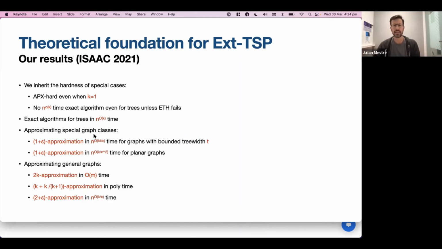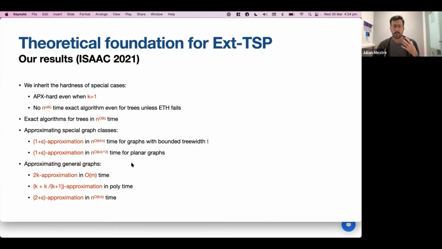The running time depends on n to the k, which we needed from this stuff, but also it depends on t, because otherwise this hardness would be contradicted, right? So you sort of need that dependency there.